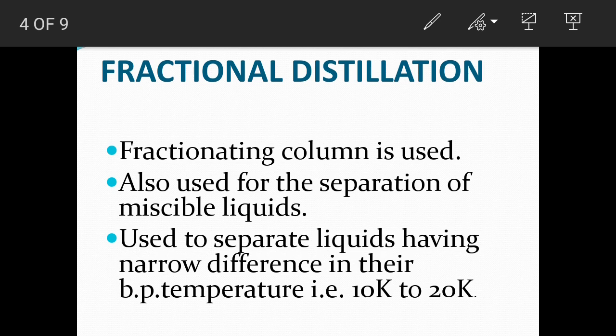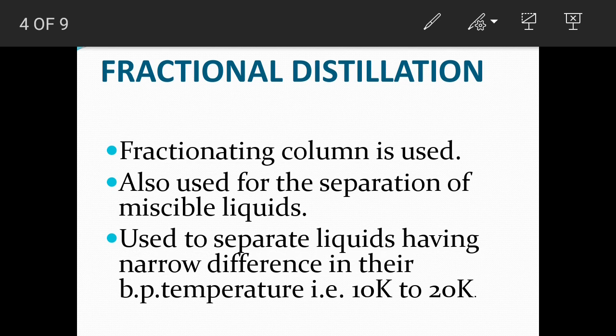Here it is written 10 Kelvin to 20 Kelvin, that is the difference between their boiling points. If the difference between boiling points is less than 25 degrees, it means less than 25 Kelvin, then we will go for fractional distillation.